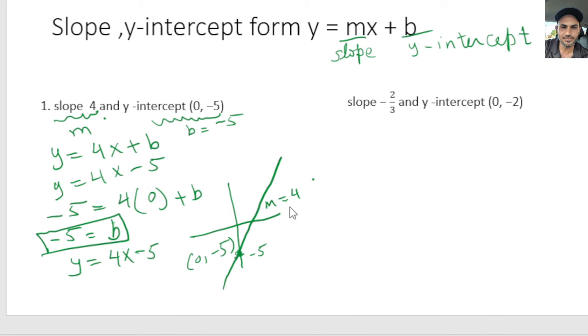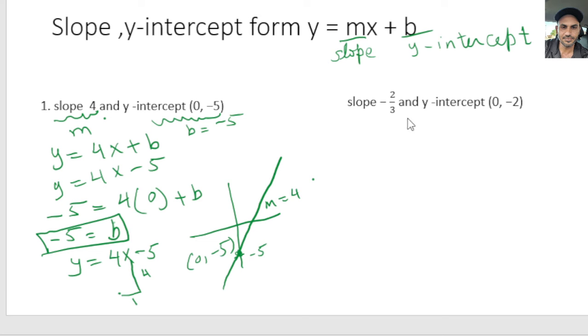That means for every 1 unit in the x direction, our line moves up 4 units in the y direction. So if you have a slope of 4, you're looking at 1 unit here, and then we are going 4 units in the y direction. So a point here and a point here. Okay, so this is what this graph will look like.